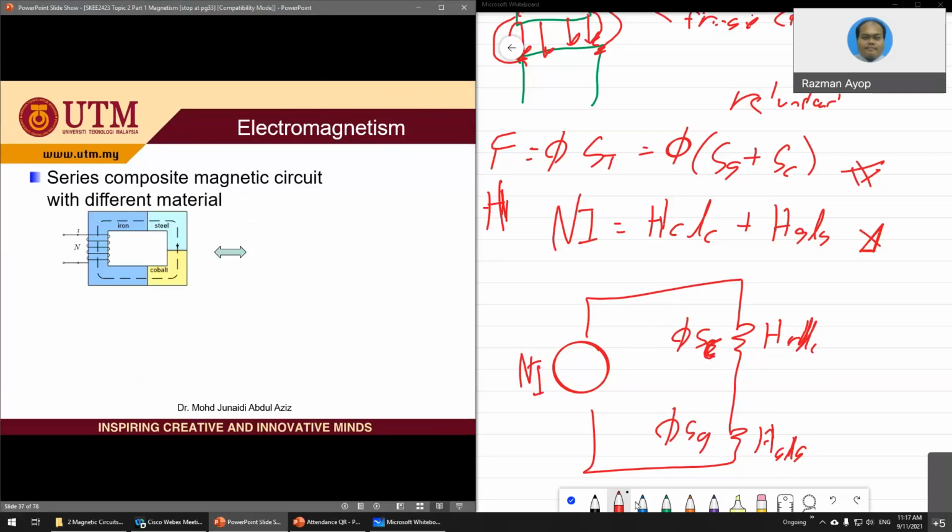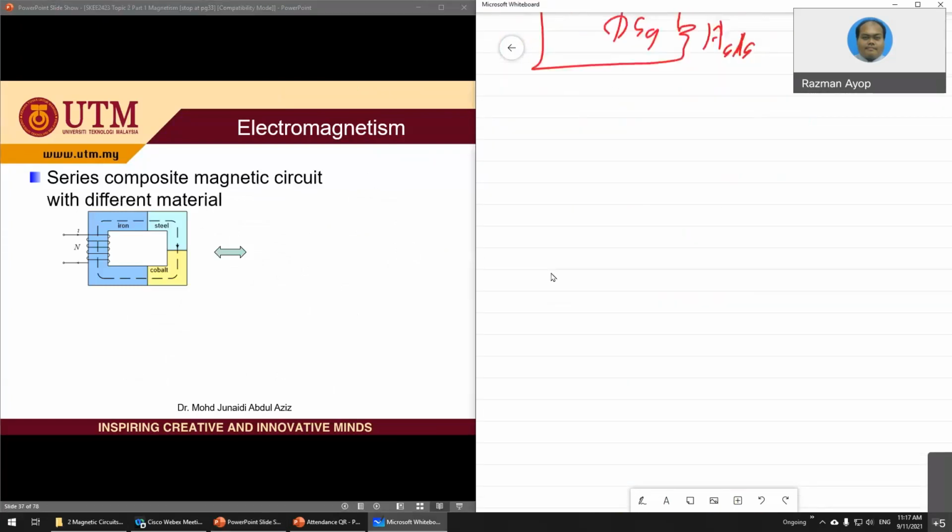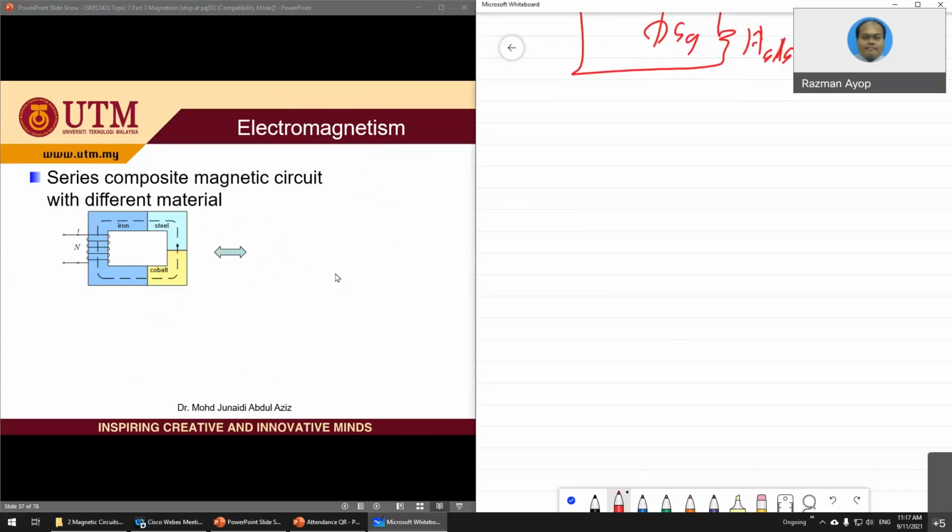How about multiple compositions? You can see here you have multiple compositions: iron, steel, and cobalt, and it is all in series. So almost the same, but instead of just using two, you have three.